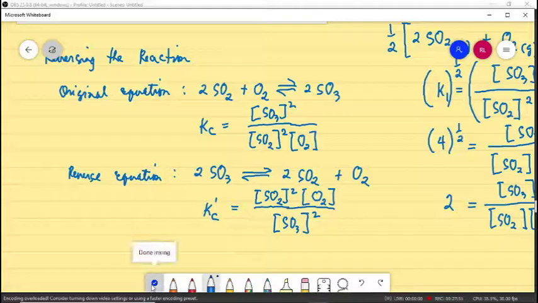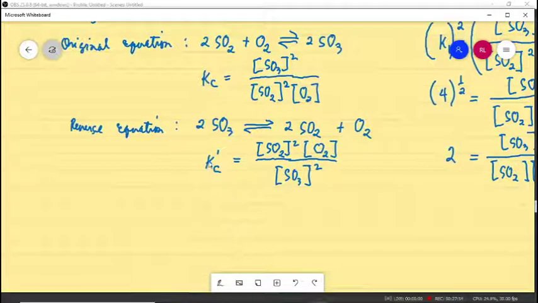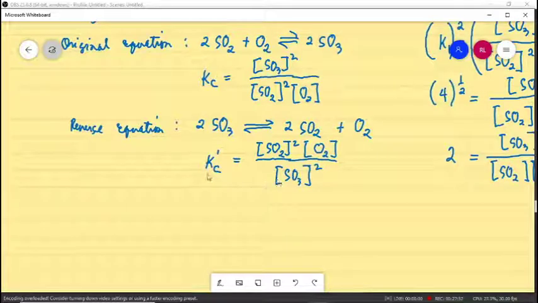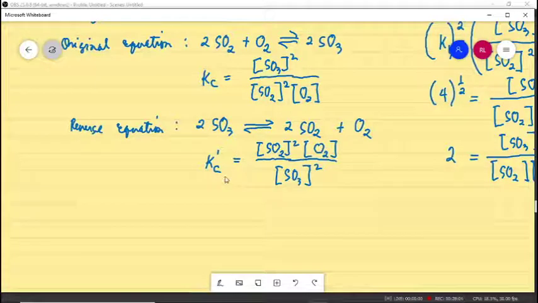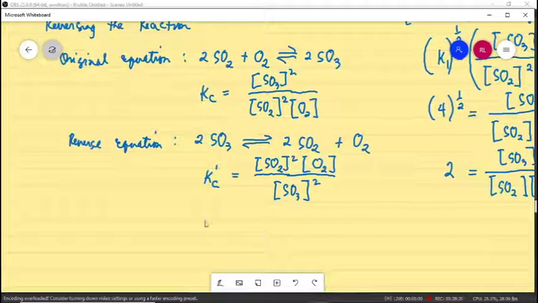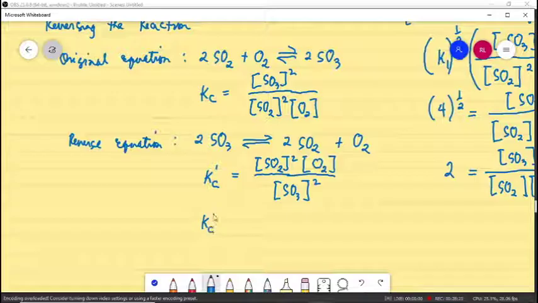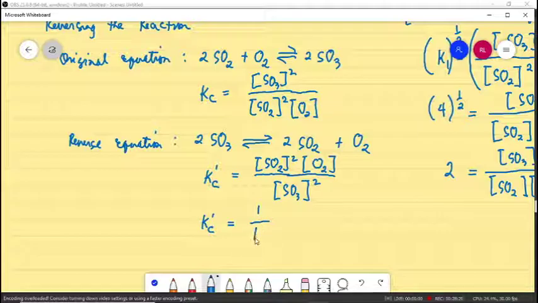Now notice that this equilibrium expression, this K prime sub C, is just the reciprocal of K sub C. Because if you get the reciprocal of this, the result is this one.